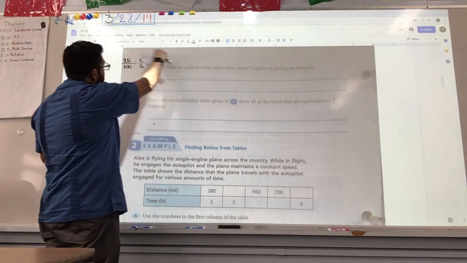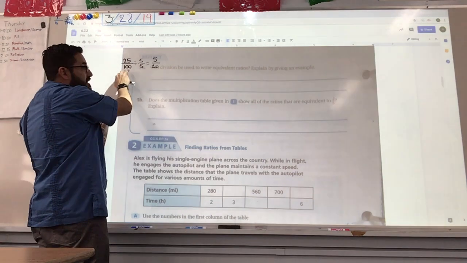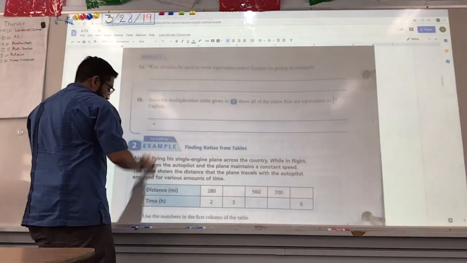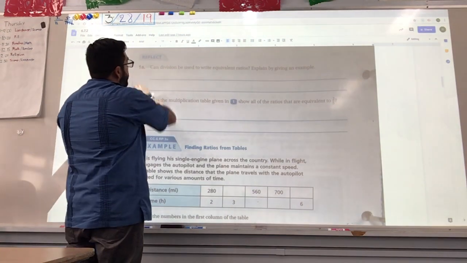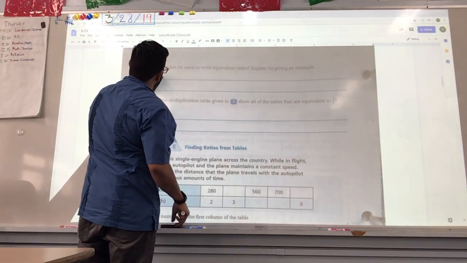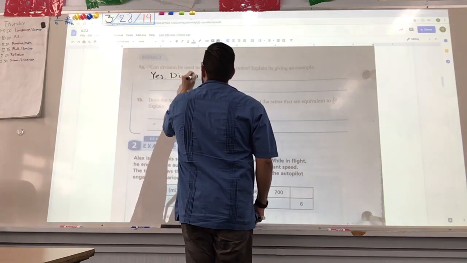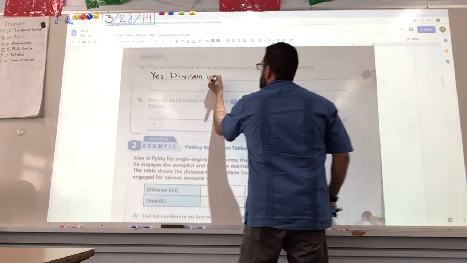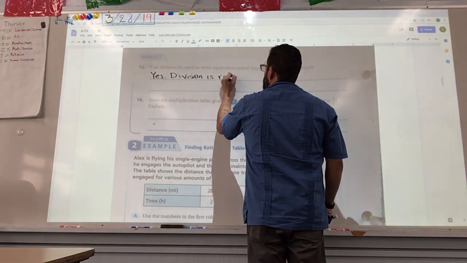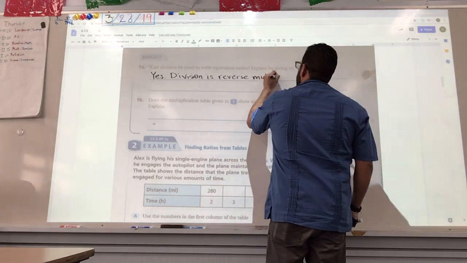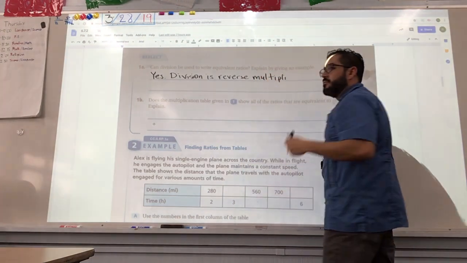Okay, is 5/20ths the same ratio as this one? Is it an equivalent ratio? Yeah. Okay, so yes, division is just reverse multiplication.